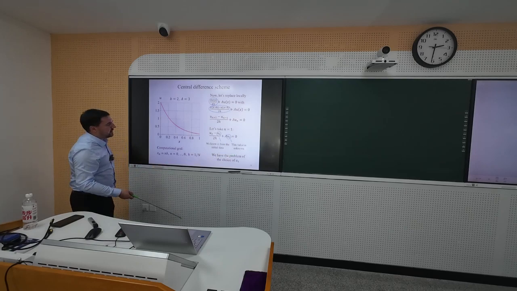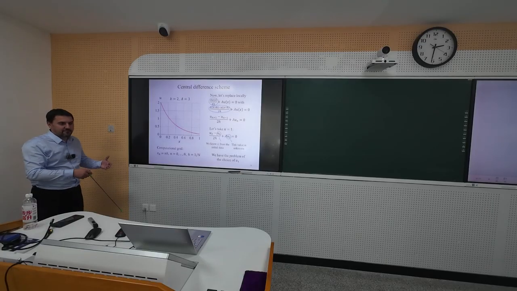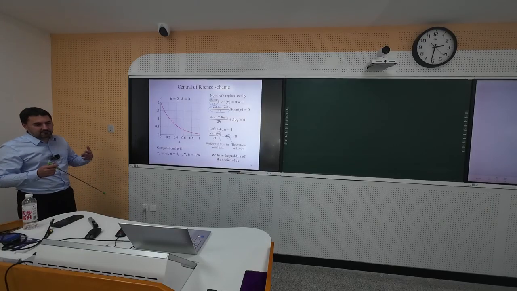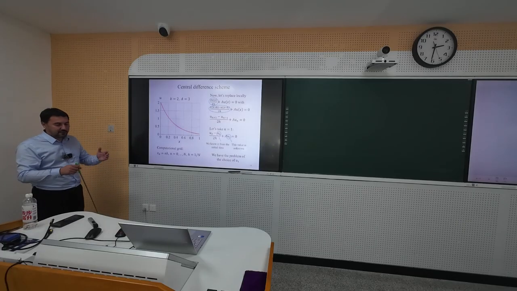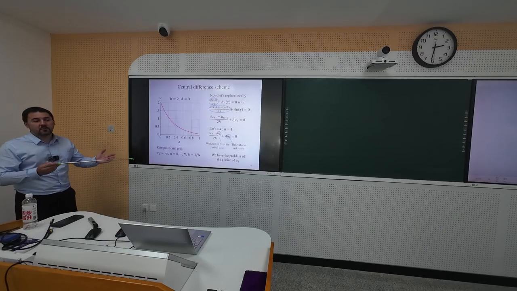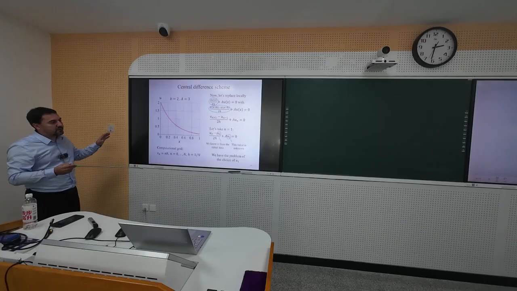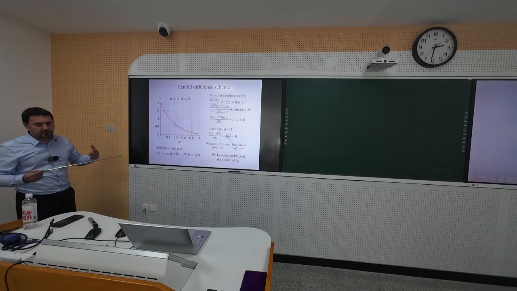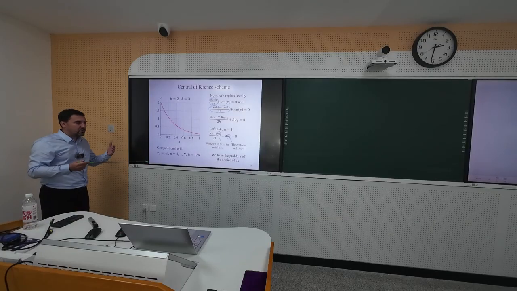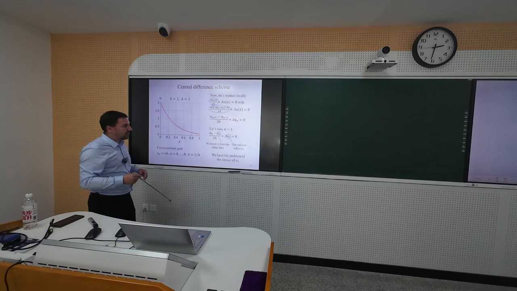I'm trying to show you some typical problems that arise in real computations and in real cases, just for very simple problems. This is just one ordinary linear differential equation and the simplest possible numerical schemes. But even here we have a number of questions that are the same as for much more complex problems.